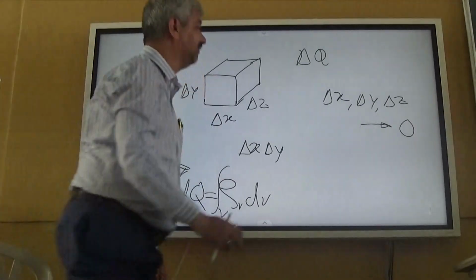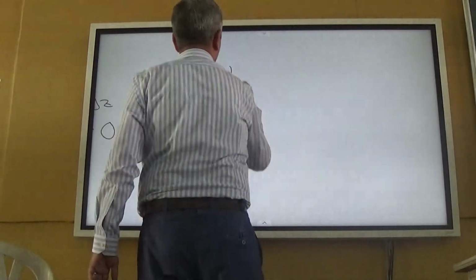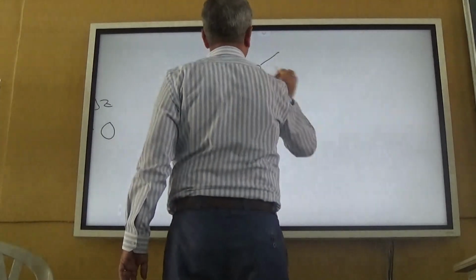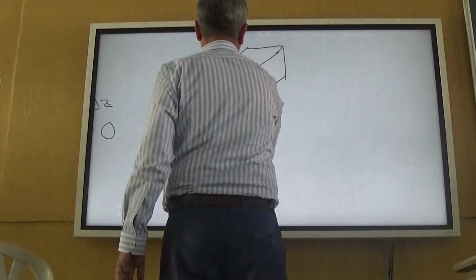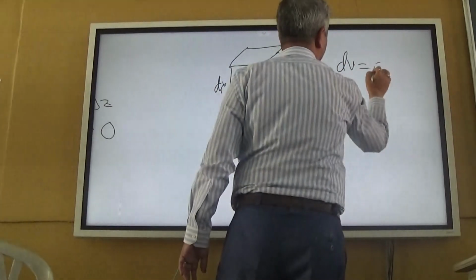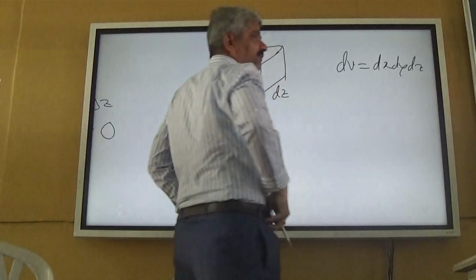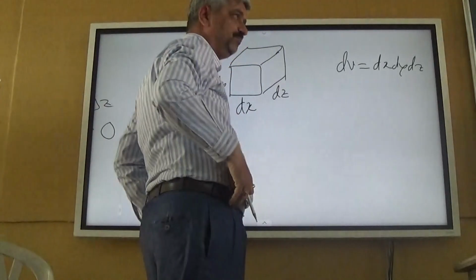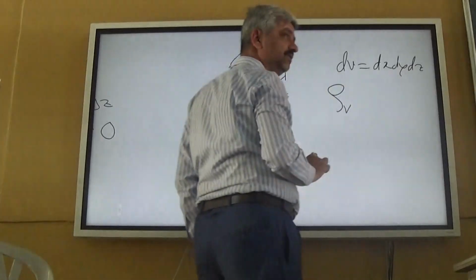So when I have a shrinking volume, now we can use, say, interchangeably dx, dy, dz. Then volume dv will be dx dy dz. The charge density is rho v.